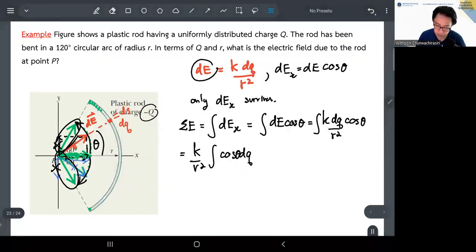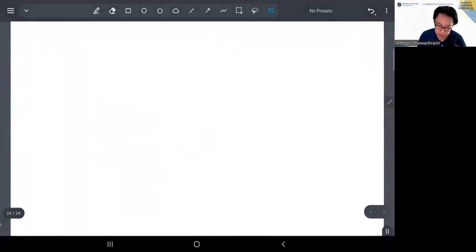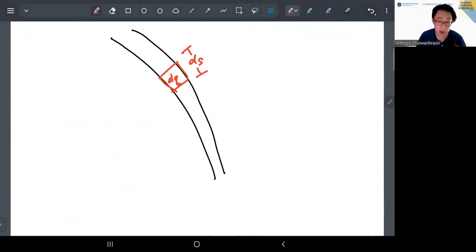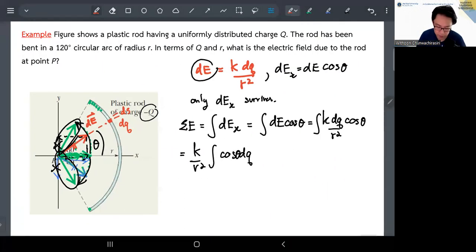So when you think of this arc, I'm blowing this thing up super big here. You slice this piece into a tiny piece. dq is in here, and it takes up a little bit of length, ds. This is a zoom-in of this portion over here.